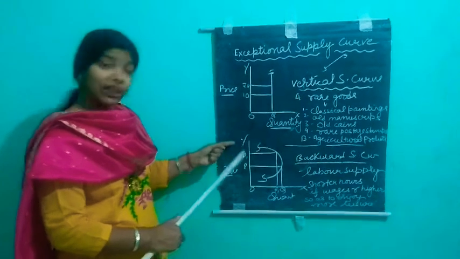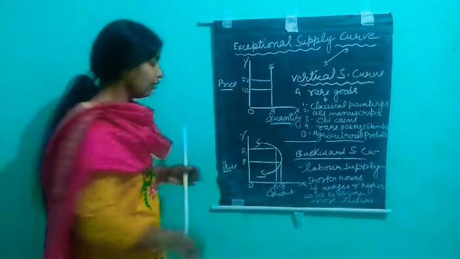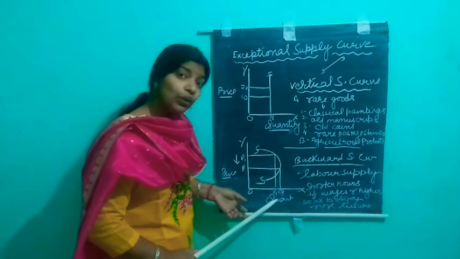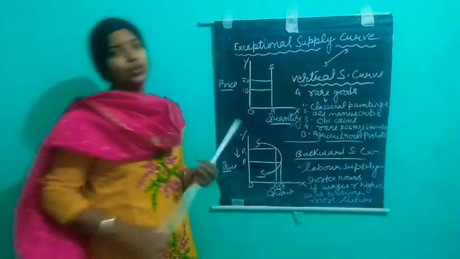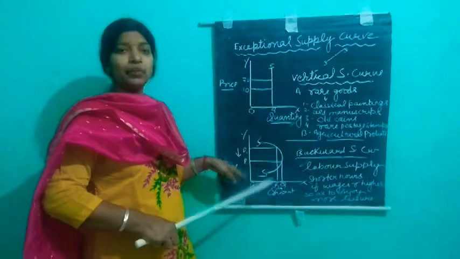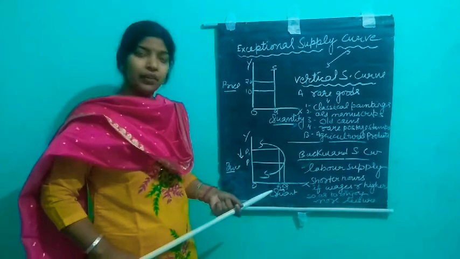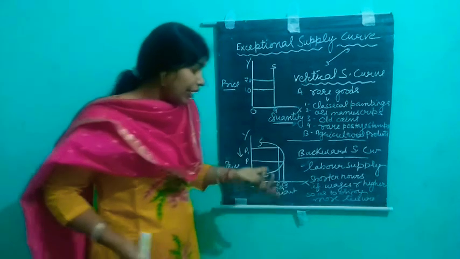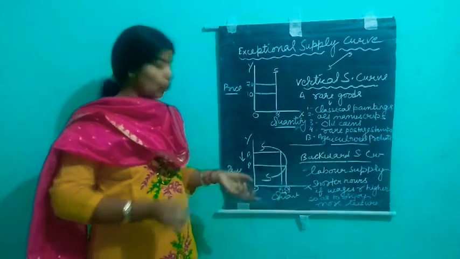If wages decrease from OP1 to P1P, children, then quantity is from Q1 to Q. It means more wages, fewer hours they are working. Less wages, more hours they are working. Because at higher wages, they are enjoying more leisure. This is the backward sloping curve.